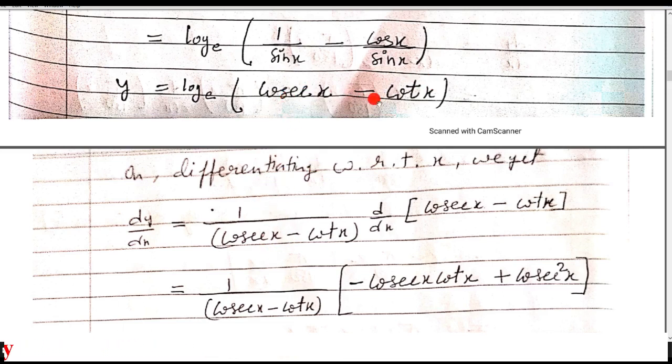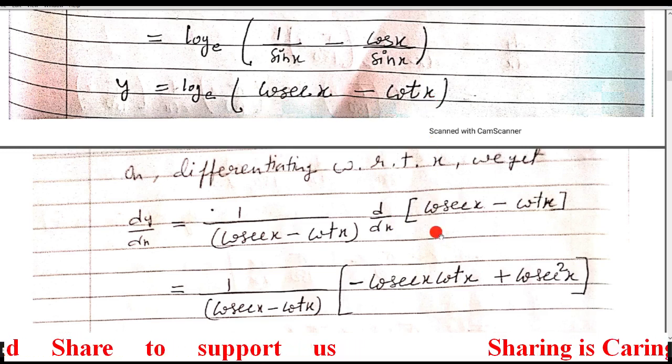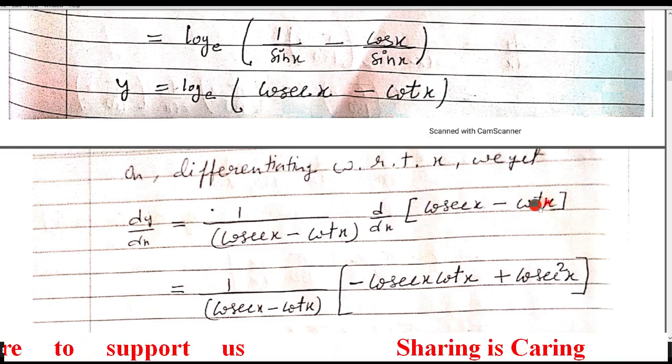Now, but it's not the simplest form of x, so by the chain rule we have to differentiate it again. I hope this step is clear. How have we done it? We assume it as log x. Log x differentiation is 1 upon x. Then we have to differentiate this again because it's not the simplest form of x, so we have to use the chain rule.